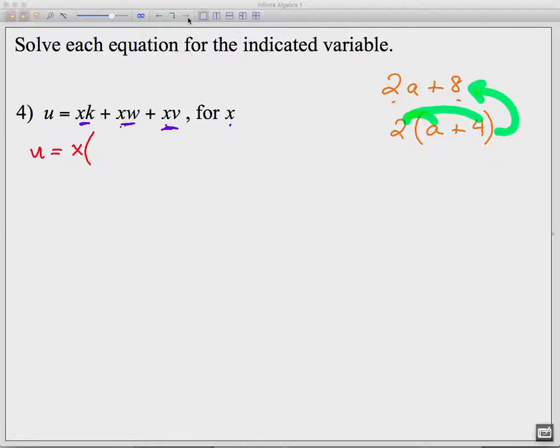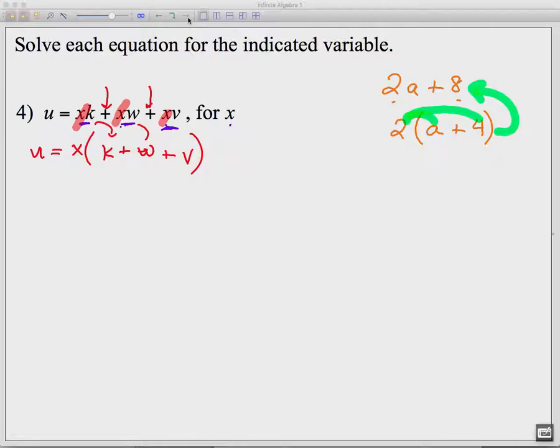It gets a little bit trickier for people when you throw in all variables, like in our original equation up here. So if I take the x out of each of these three things, I'm going to be left with k plus w plus v, right? And the pluses are just going to persevere. They're going to stick right through the factoring.